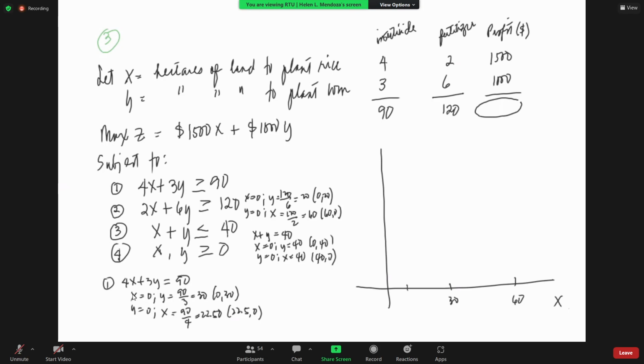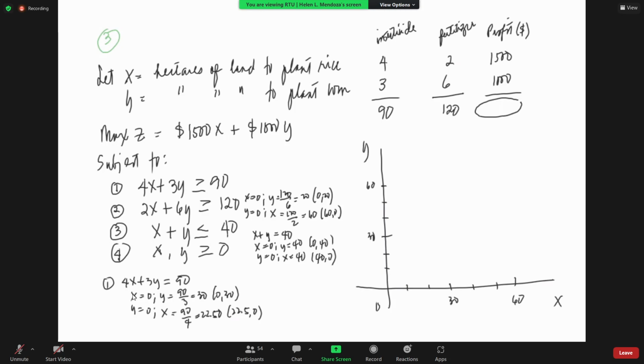So 10, 20, 60. Highest value for y, we have 20, 0, 40, 0, and 30, 0. So, pwede mo rin lagay na 60, then you cut it by half. So, 60, 30. So, we have, then we have 0, so this is y.